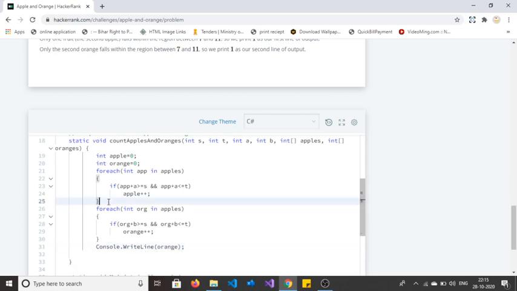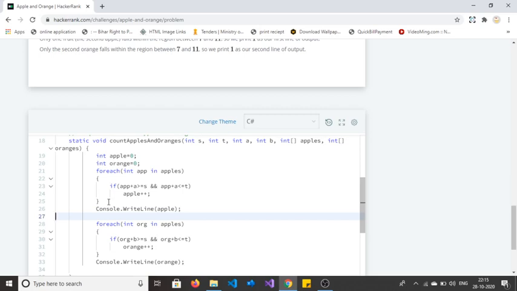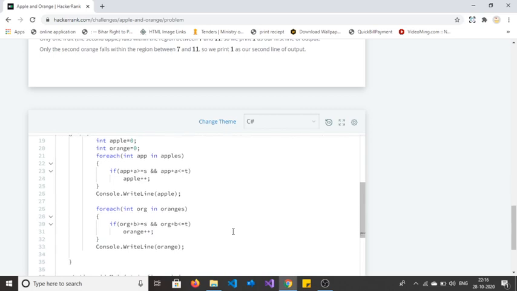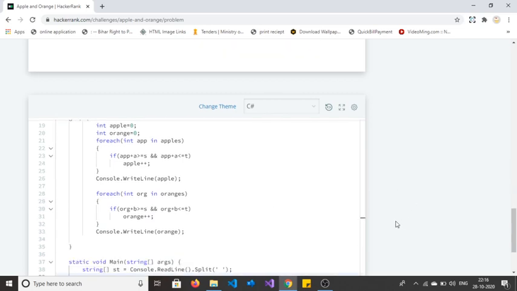We can do it in this way also. First I am calculating for the apple and printing the apple, then after I am calculating for oranges and printing orange. That's it about the coding.